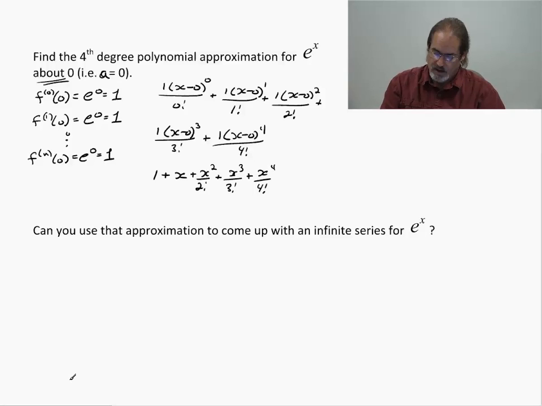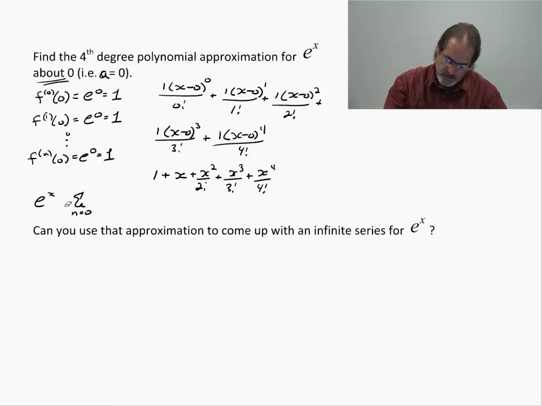Now, just looking at this, I'm thinking in terms of trying to write this in a slightly better way. I can say that e to the x is approximately equal to the sum, n equals 0.